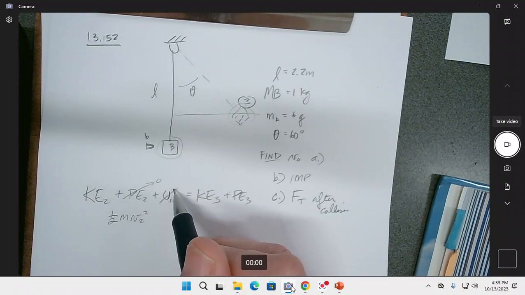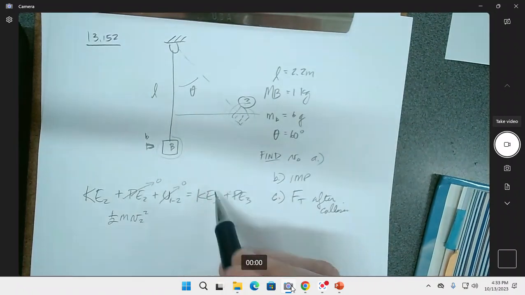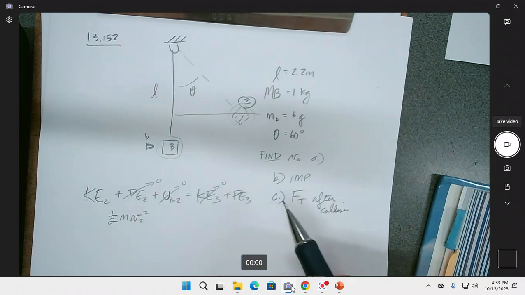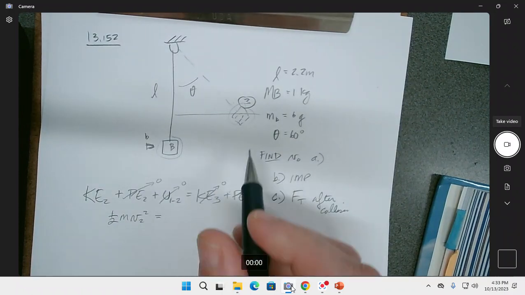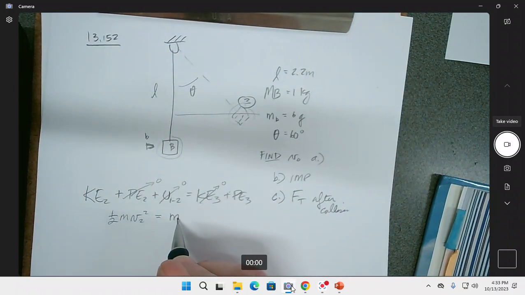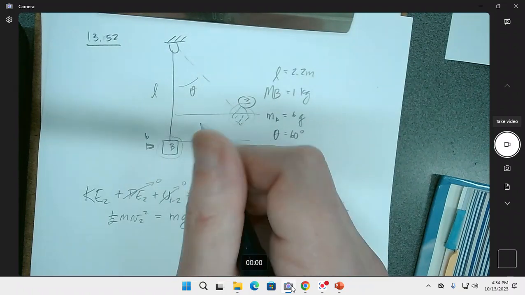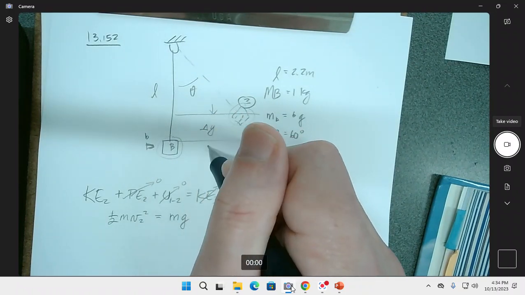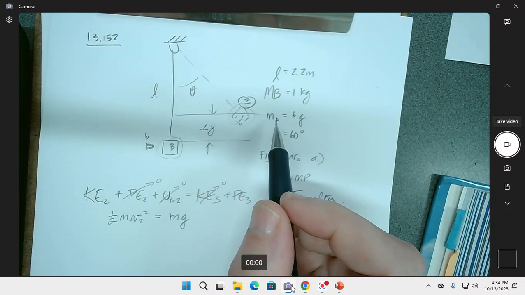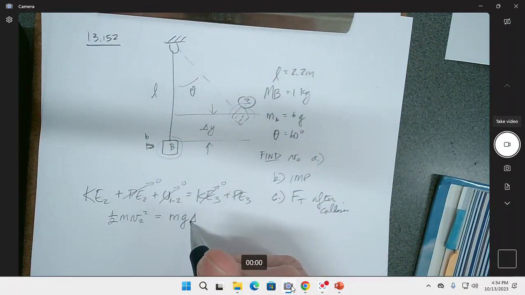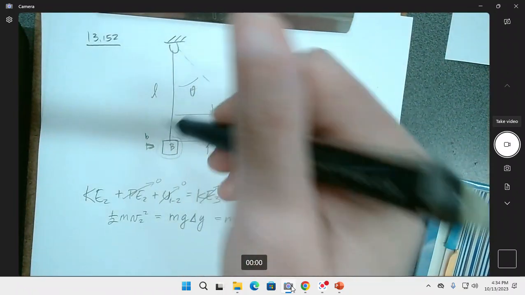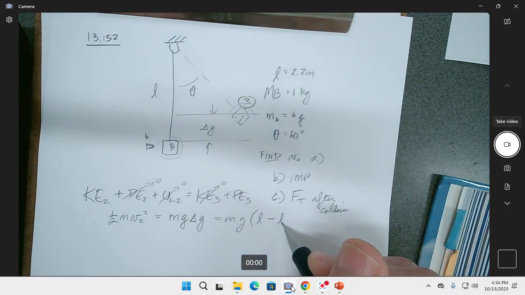PE2 is 0. We'll say there's no difference between 2 and 3. KE3 is going to be 0. So basically what you have is mg, and then this delta y right here, and that delta y is going to be equal to L minus L times cosine of theta.